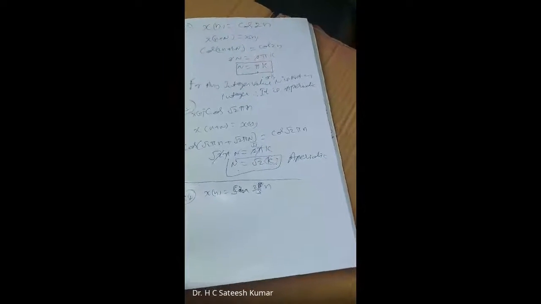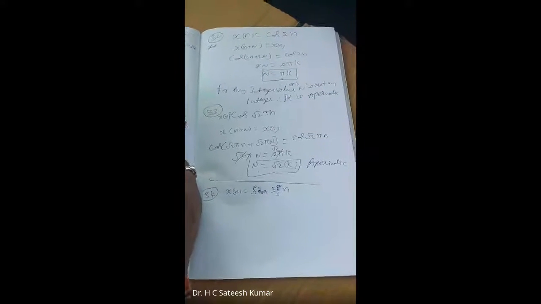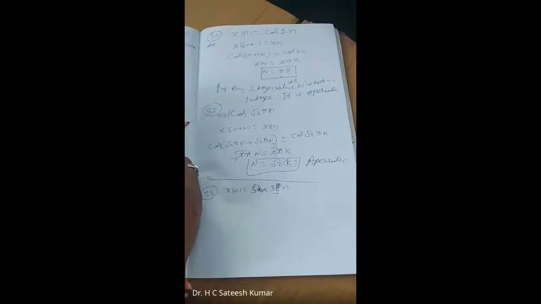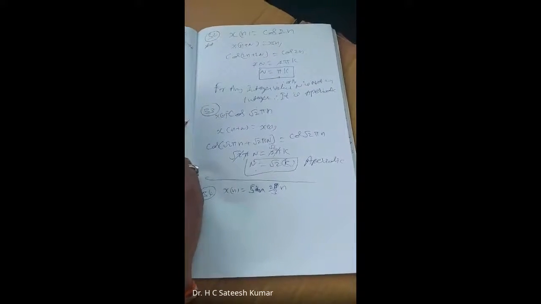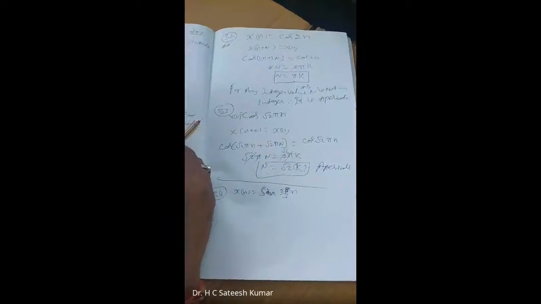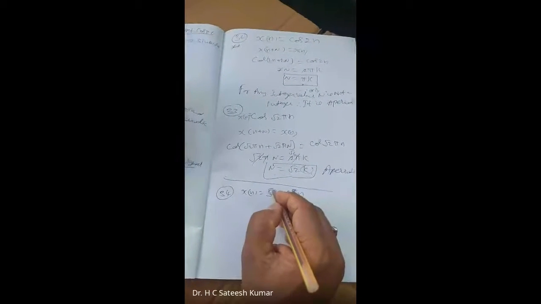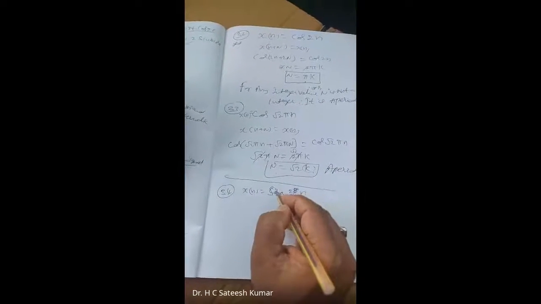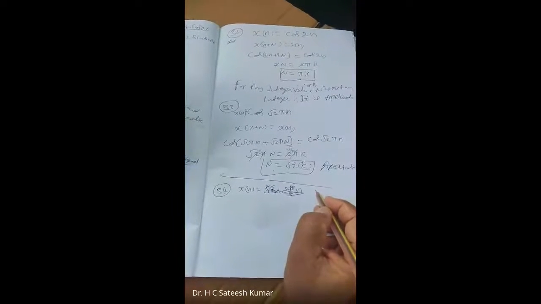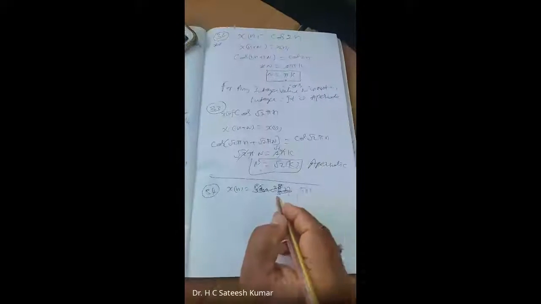I'll check with some examination problems. Okay, right. We shall go for this. x of n is equal to cos of 50n. So now we shall go for this.